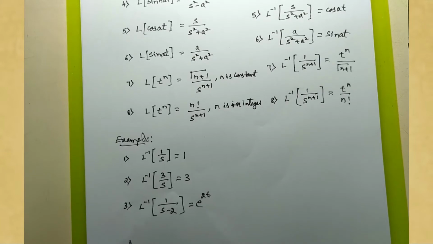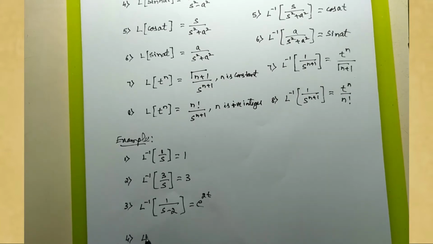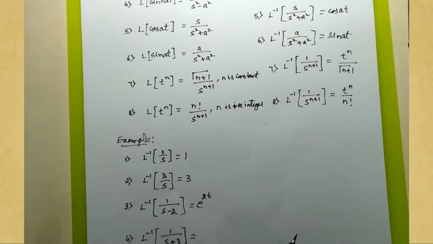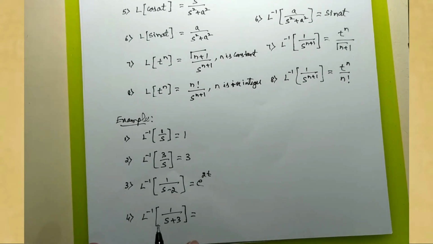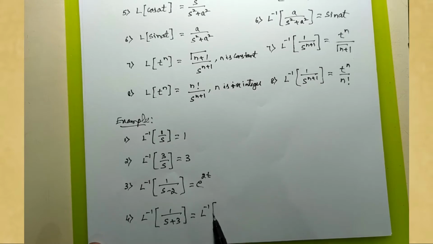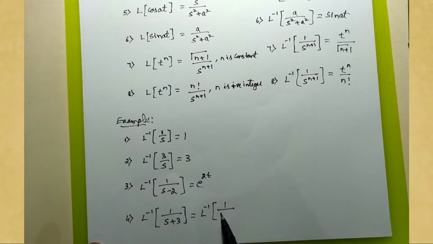Alright. Let us take another example. Say inverse transform of 1 by s plus 3. What I have taken is the inverse transform of 1 by s plus 3. If I want to rewrite this, the formula should be 1 by s minus a.